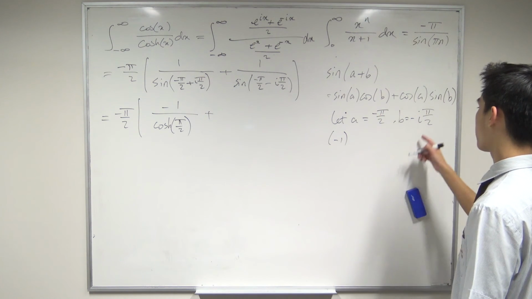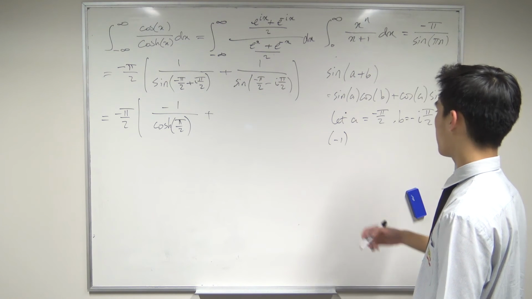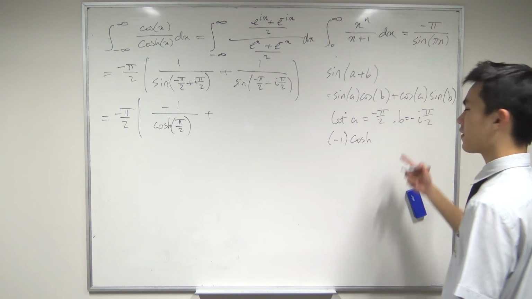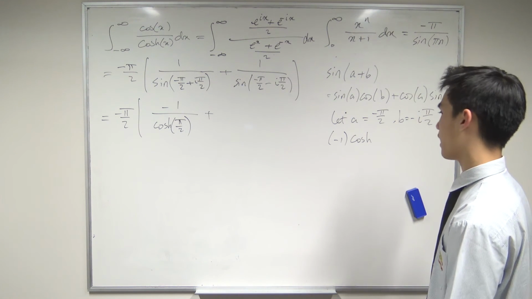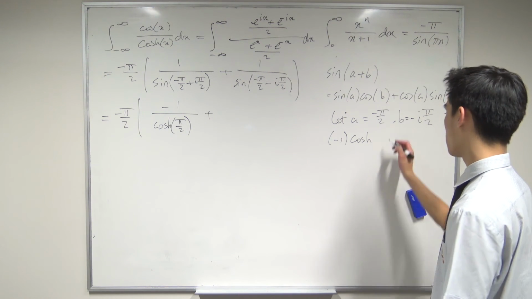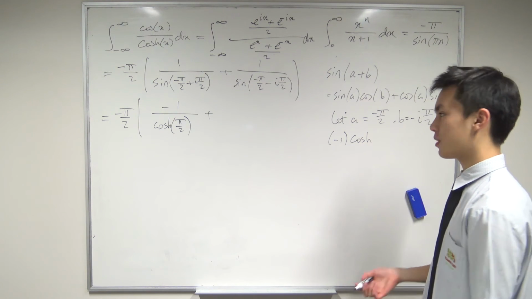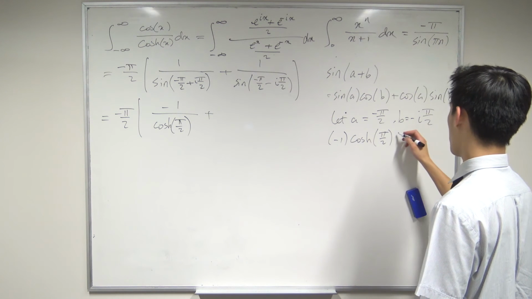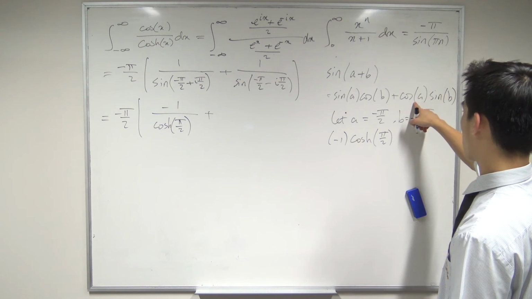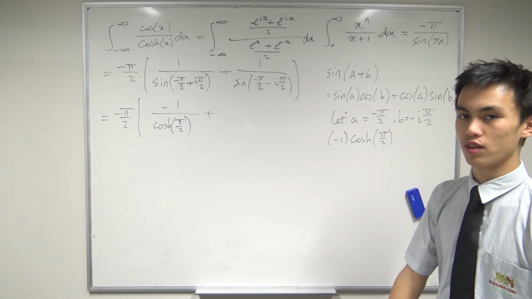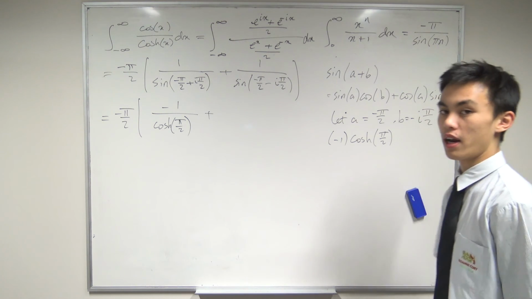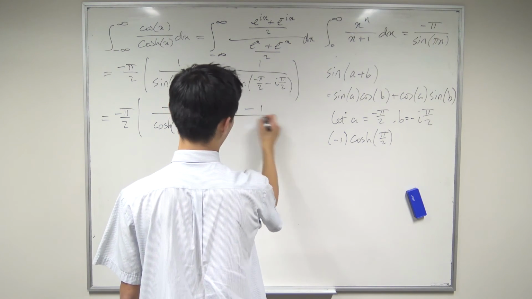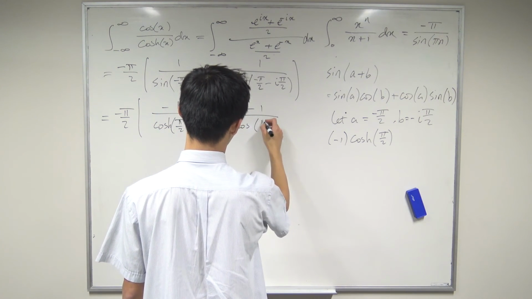Then cosine of b, well, just like before, we can use that identity, and we're going to get cosh, and we have a negative right here, but cosh is actually an even function, which means that cosh of the negative number is the same as the positive version, so this is the same as cosh of pi over 2. And then same deal again over here, cosine of a, cosine of minus pi over 2 is 0, so that whole second part actually cancels out to 0. So this is going to leave us with minus 1 over cosh of pi over 2.